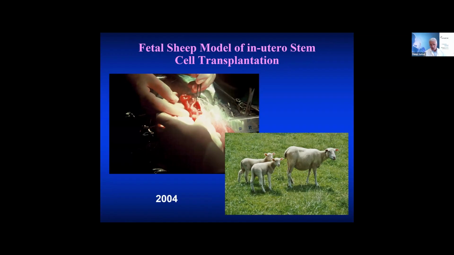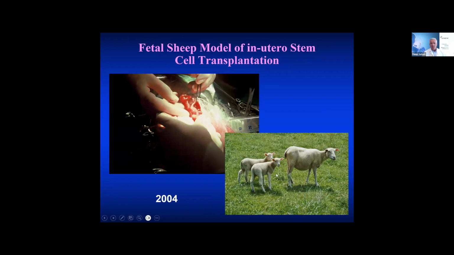So our first project, and now I go 20 years back, to look at this issue was our fetal stem cell transplantation project in sheep. As you can see here, at the time, we used intraperitoneal transplantation of mesenchymal stem cells in these sheep fetuses, and this is at about one third of gestational age.